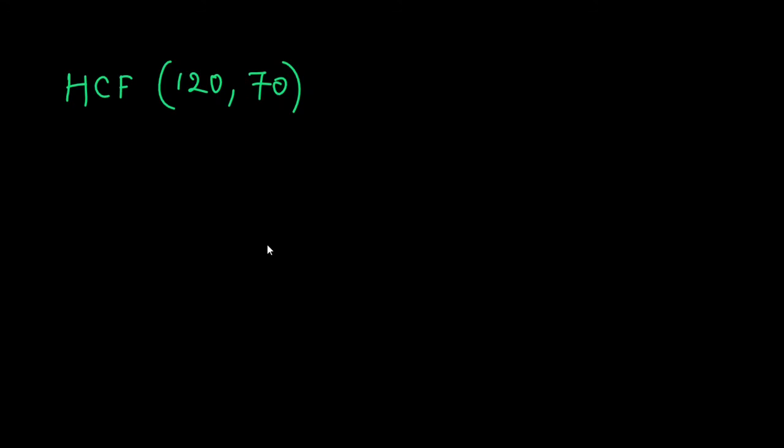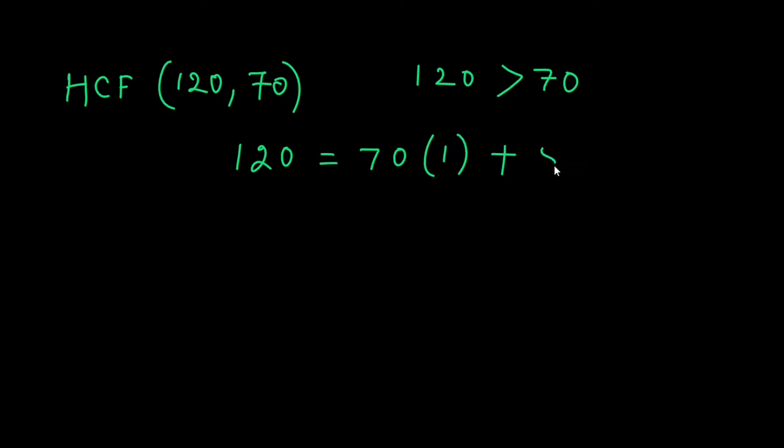Using Euclid's algorithm, we make the problem smaller and smaller and finally reach the HCF. In first step, apply Euclid division lemma. Here 120 is greater than 70. Now 120 can be written as 120 is equal to 70 into 1 plus 50.